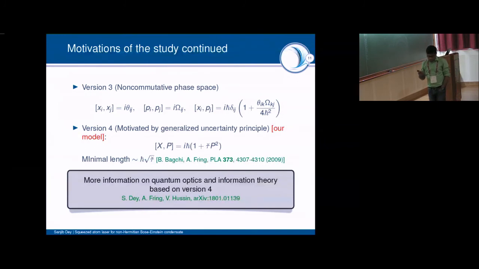Now, what is coming out of this study? What we understand is that we get a nonlinear picture. If we take this model and go to the quantum mechanics level or quantum optical level, we get a nonlinear picture, which is quantum mechanics. There is no problem with the quantum mechanics.